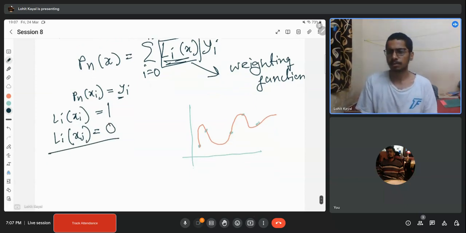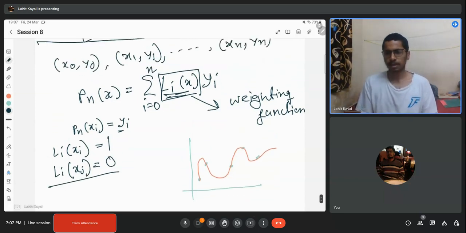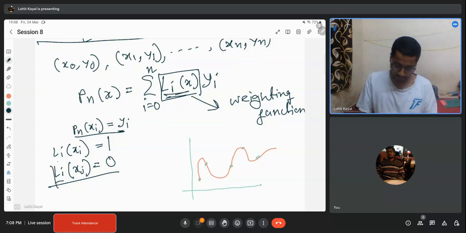Just check if this is correct. If this is 1 at this point, then Pn of xi is equal to yi, right? And if it is 0 at any other point, then the value will be 0.